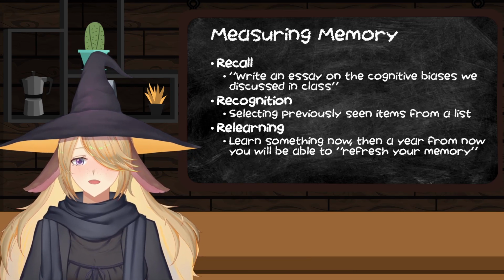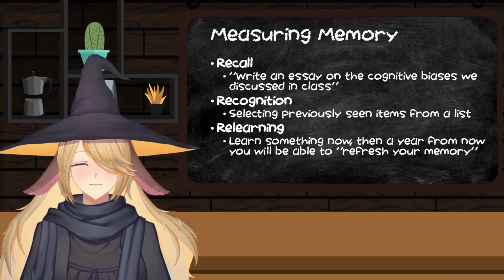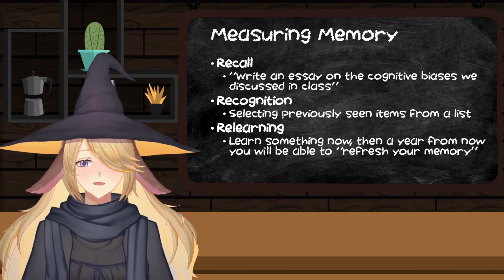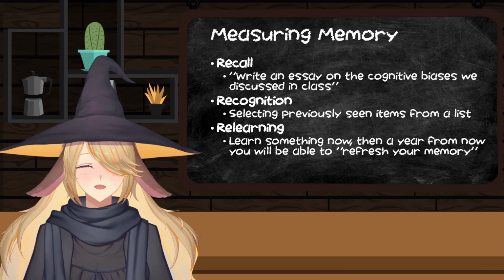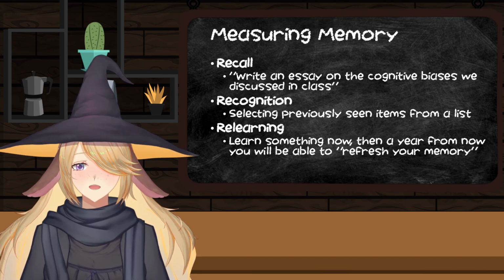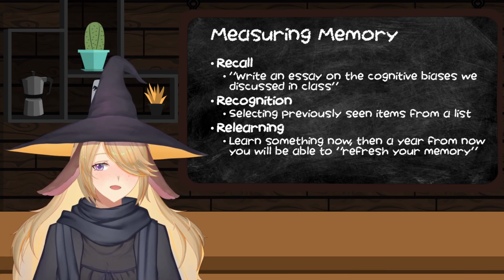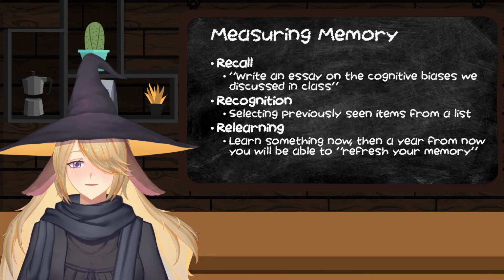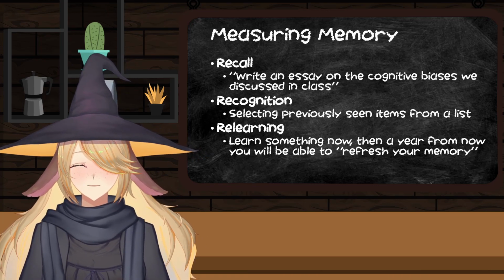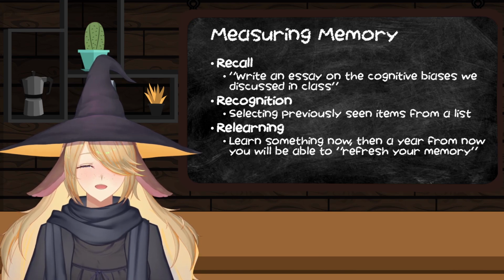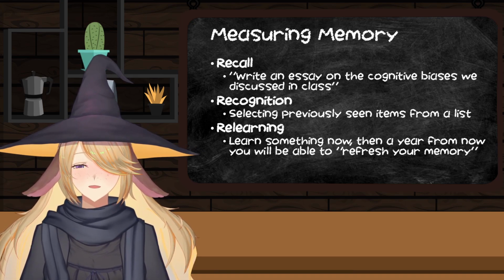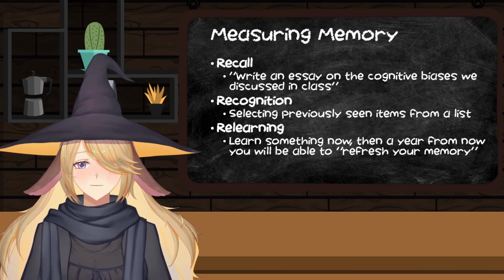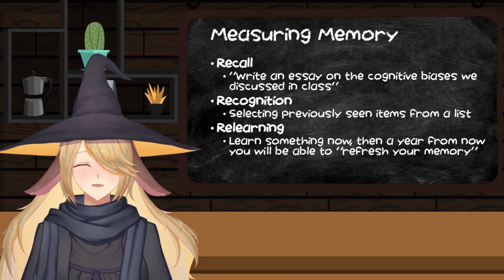Now, how is memory measured? This is interesting. There are a lot of different ways to look at it, one of which is pretty intuitive, which is just recall. How much information can you recall at any given point? So let's say, hypothetically, I'm giving you an exam, and I might say, hey, what are the 2 different types of long-term memory? And you might think, poop. It's short-term and working.